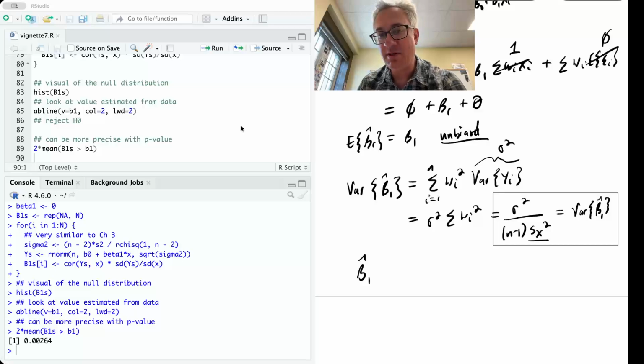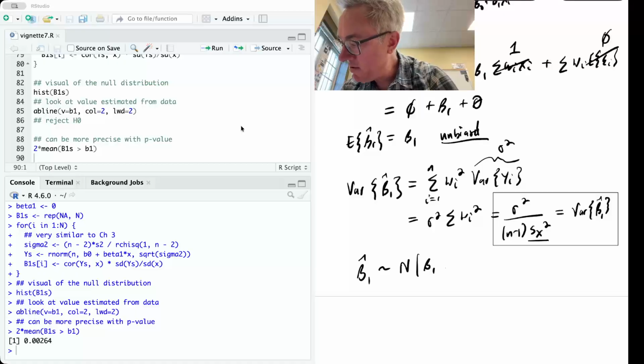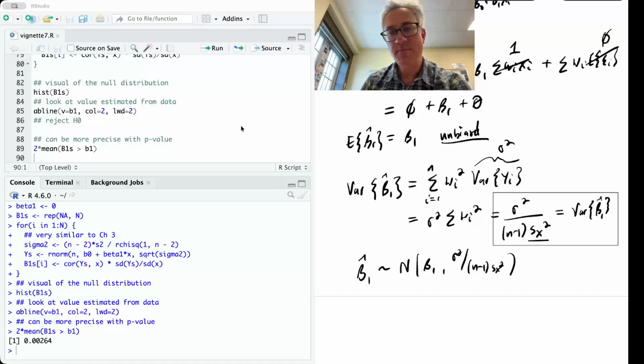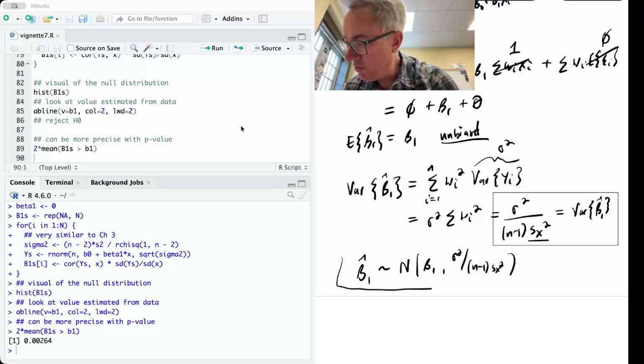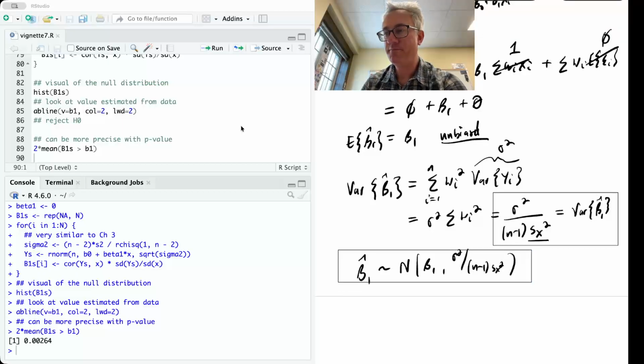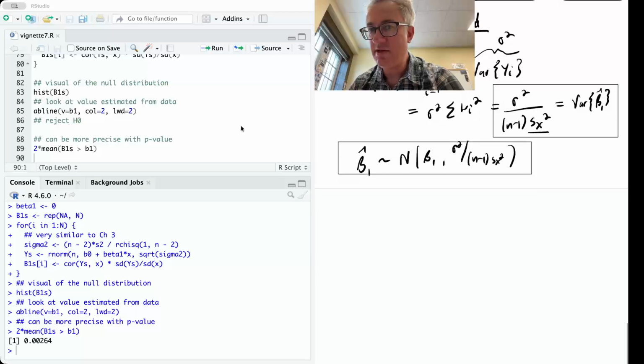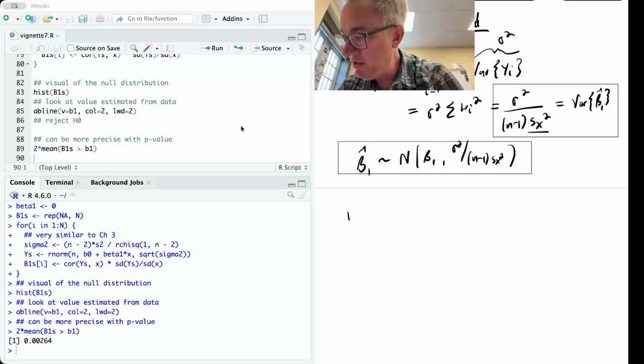And we know that sums of Gaussians are Gaussian, so we can write those two facts together as a Gaussian distribution, summarizing the whole null distribution in closed form. If we replace sigma squared with an estimated value, we can use a t-test.